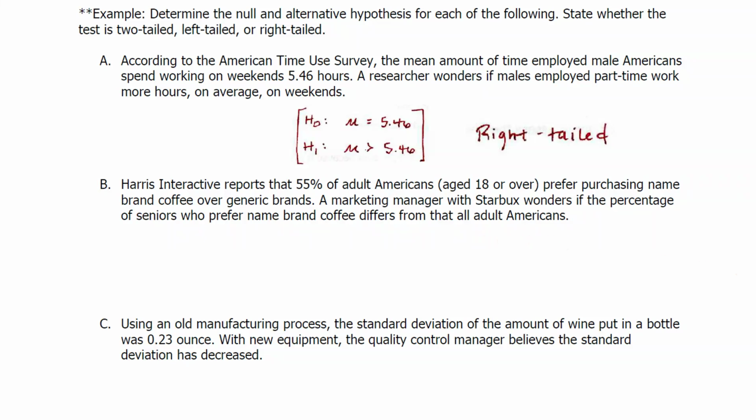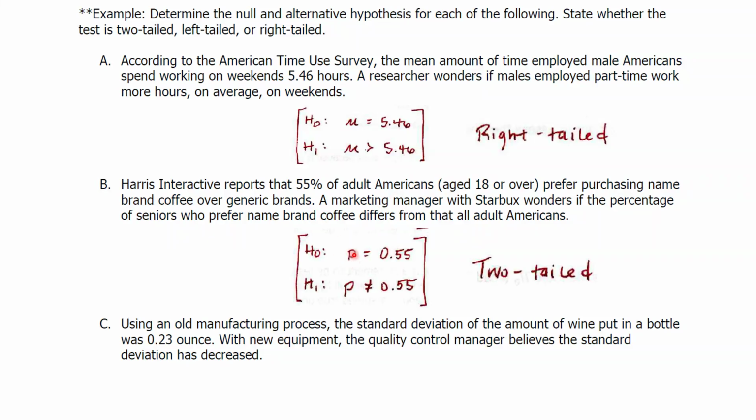Okay, so in this example, the key word here is differs. So this could mean the percentage is higher or lower than our 55%. So that means we're testing change in either direction. And since we're testing change in either direction, it is a two-tailed test.